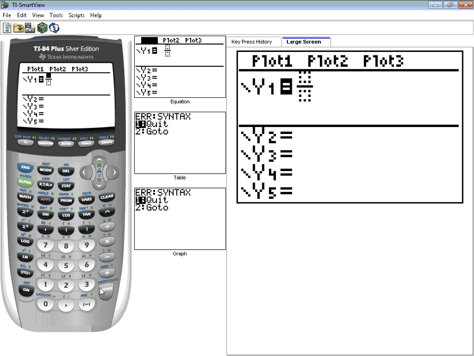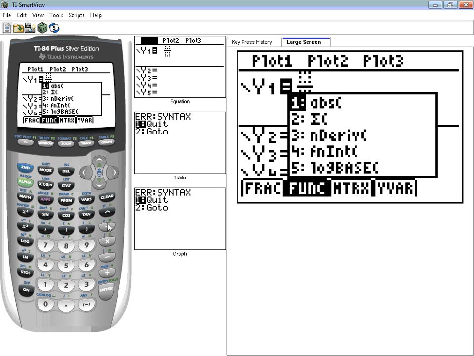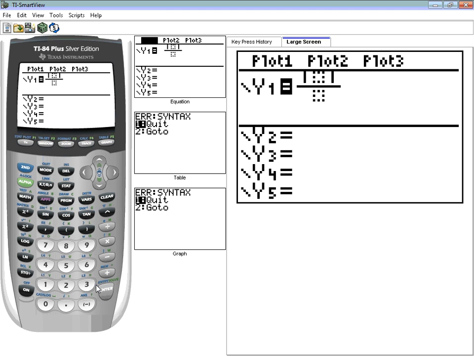Okay. Then we need the absolute value. So if you do alpha window, you have another shortcut menu. And the first one there, that is the abs, that's absolute value. And it was x minus 1, over x minus 1.